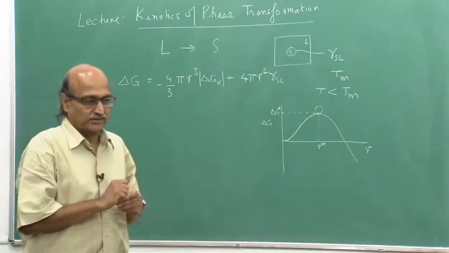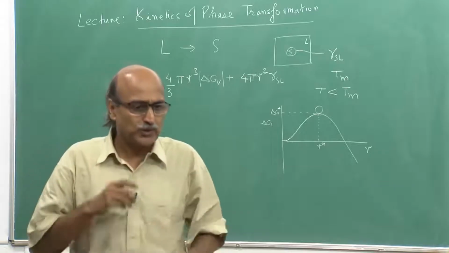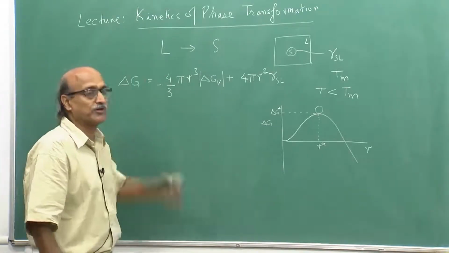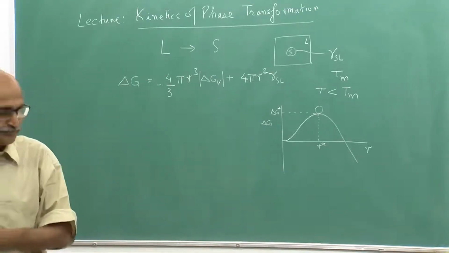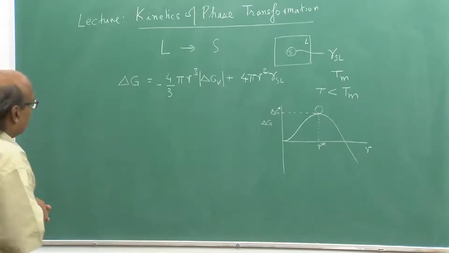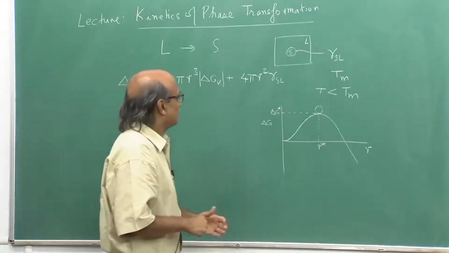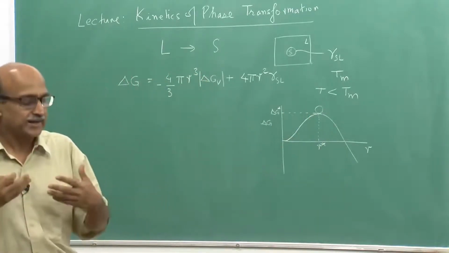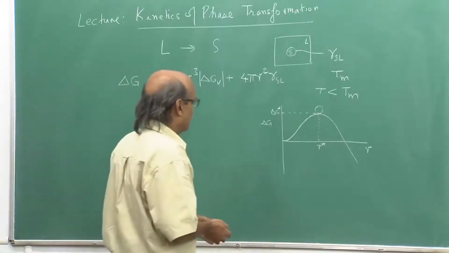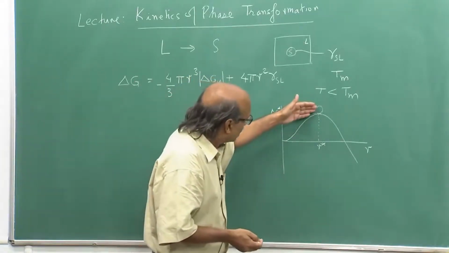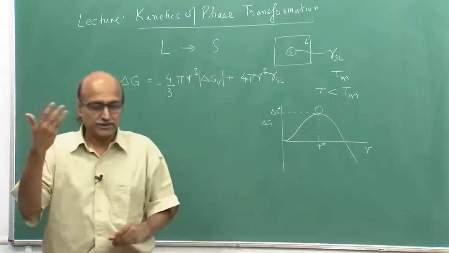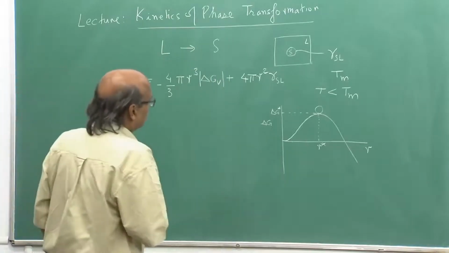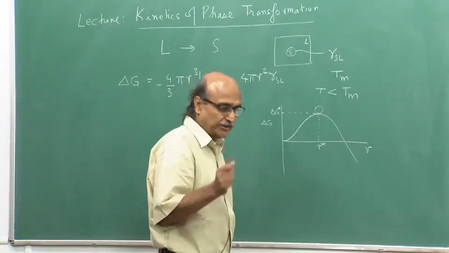So, one of the critical things when we have to look at nucleation and the kinetics of nucleation, because that is going to play an important role in the kinetics of phase transformation, would be at what rate critical size nuclei would form, and how many of them would become supercritical, which would mean greater than the critical size. That would govern the nucleation rate.